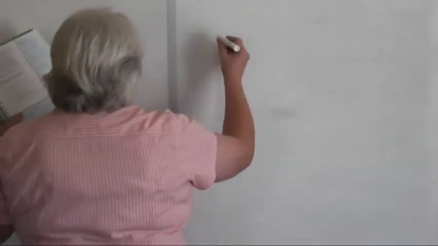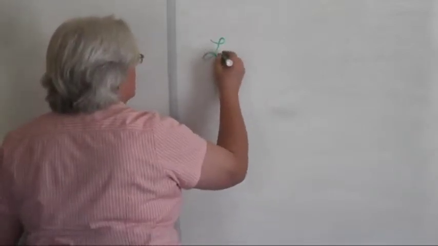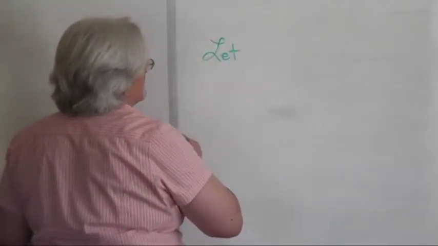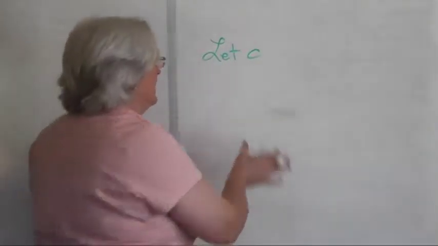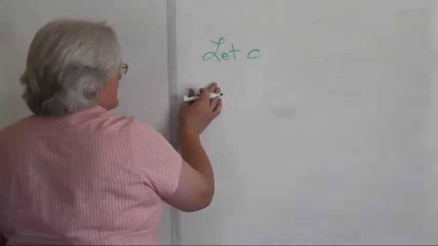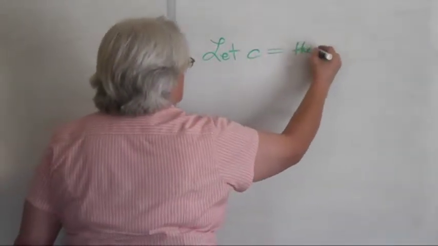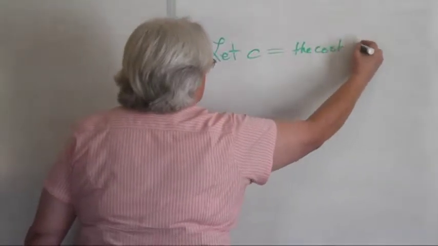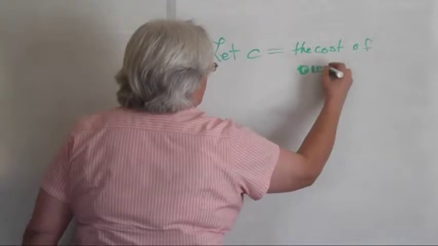Example 1. If C represents the cost of 1 pencil, what is the cost of 10 pencils? We're going to want to get in the habit of making this little sentence when we're defining what our variables are going to be. Let the variable C be equal to the cost of 1 pencil.